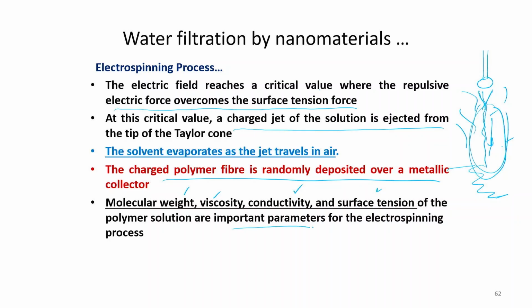If the surface tension is very high, then we need high electrical force, otherwise the electrospinning will not be possible. Likewise viscosity and molecular weight. So, all these things are important.